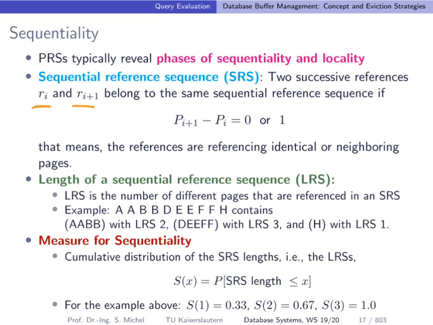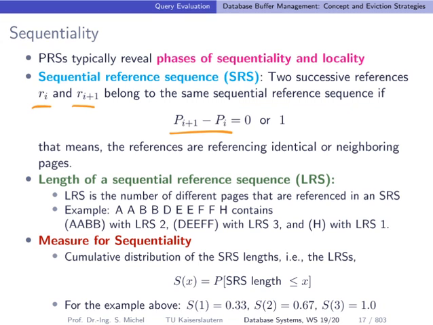And if these two pages which are referenced differ by only one in the ID of the page, or are the same, then these two references belong to the same sequential reference sequence. So that means that these references are regarding the same or neighboring pages.